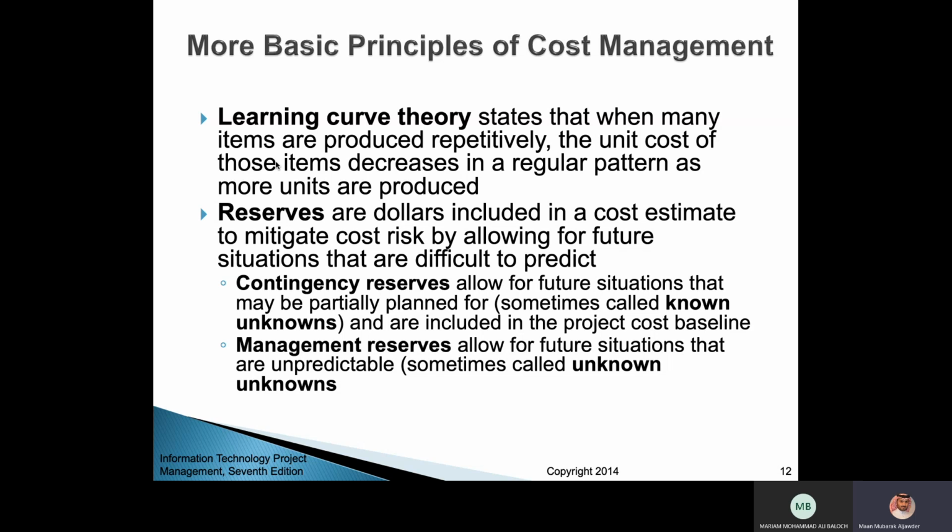In reserves, we have the contingency reserves and we have the management reserve. The contingency reserves are those that you reserve for future situations that are partially planned, and you don't know when they are going to happen, but they're going to happen sometime.